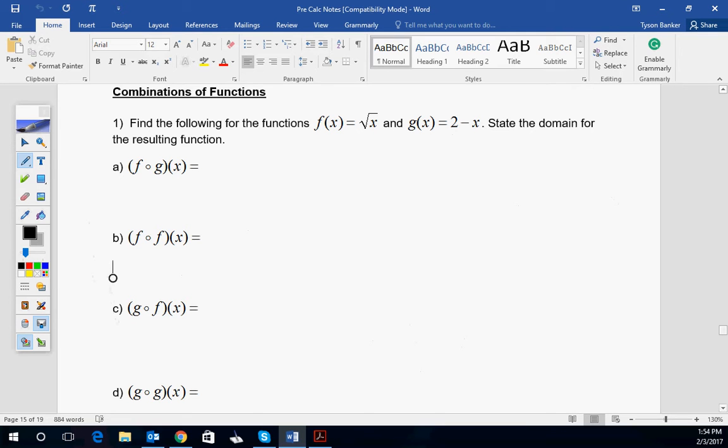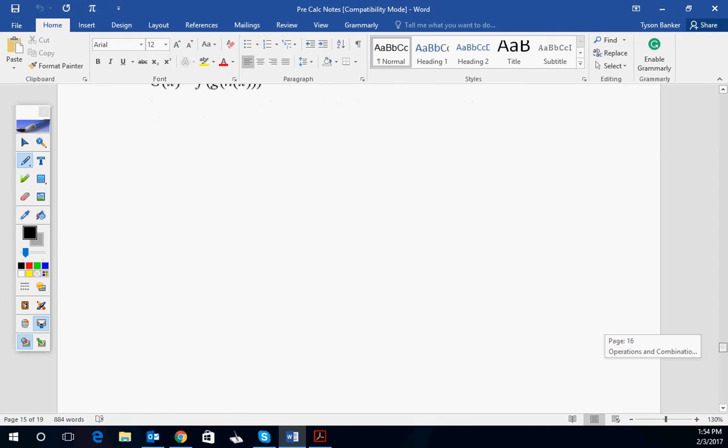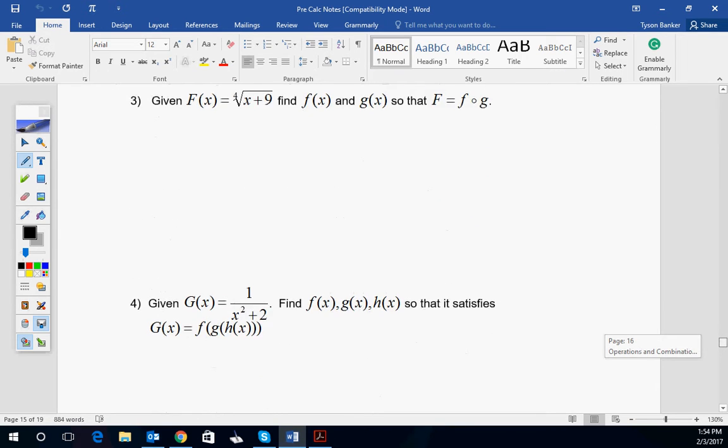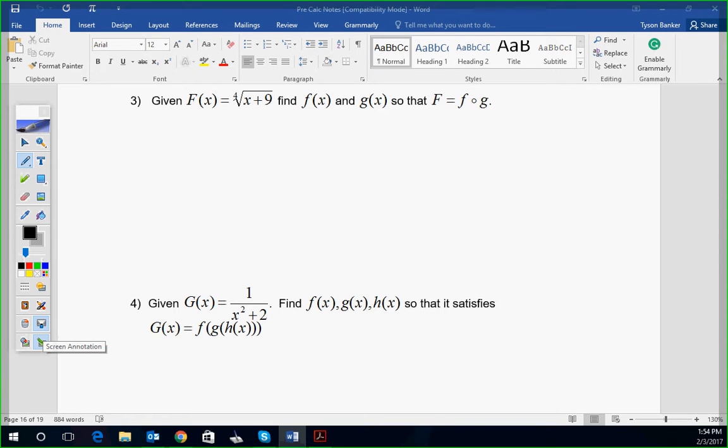All right, so we just have these two. Now it's a little bit different way of thinking. They want you to create an f of x and a g of x that works.